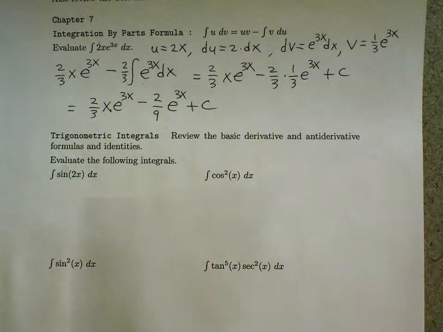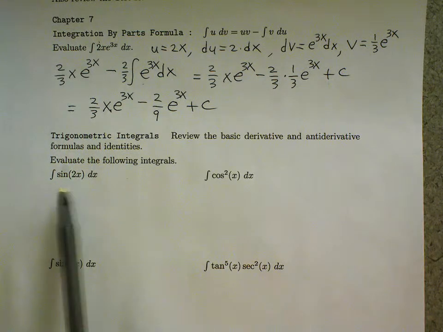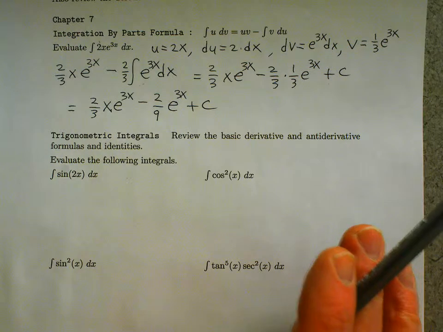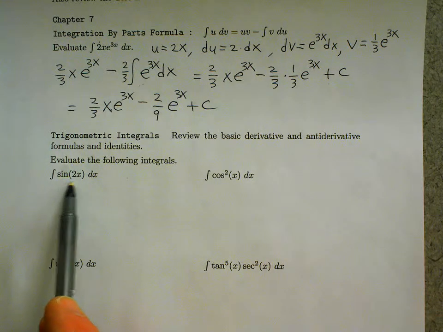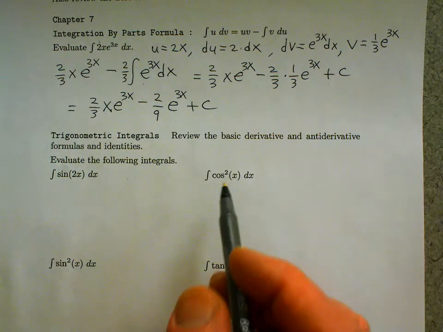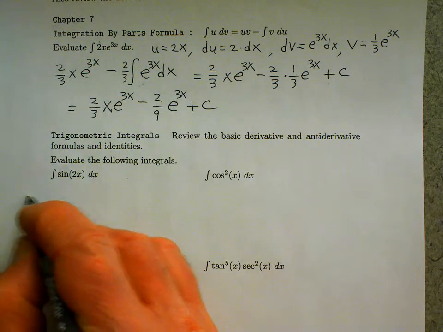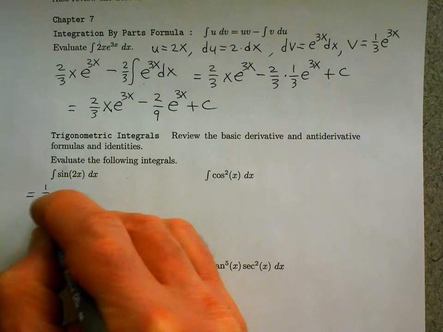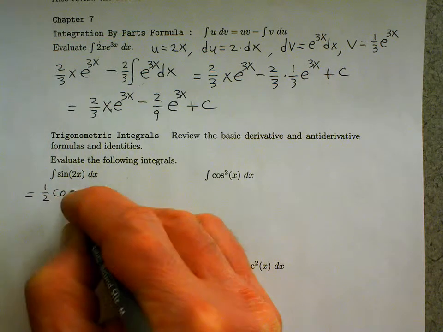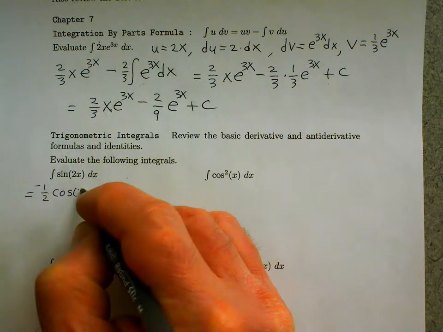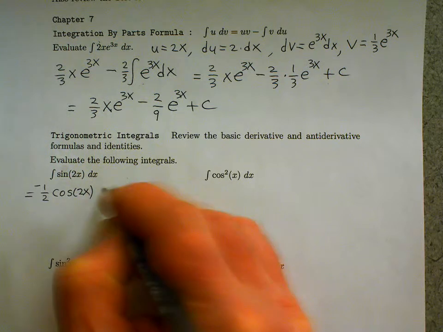Okay, the first example, integrate sine of 2x. One way to do this, using the substitution rule, we can just write down an antiderivative by writing negative 1/2 times cosine of 2x plus a constant.